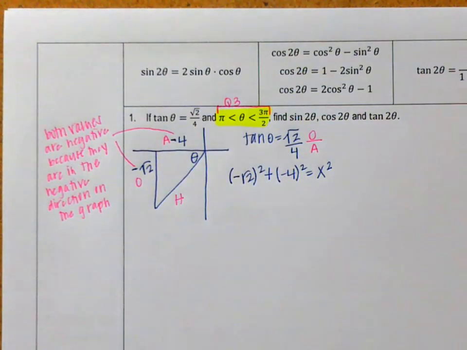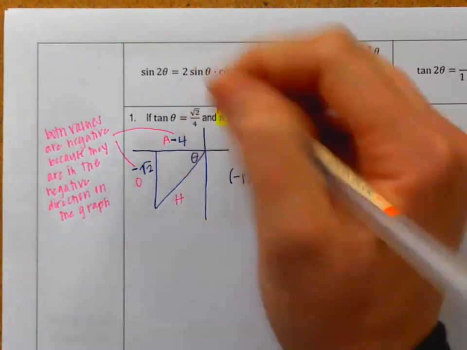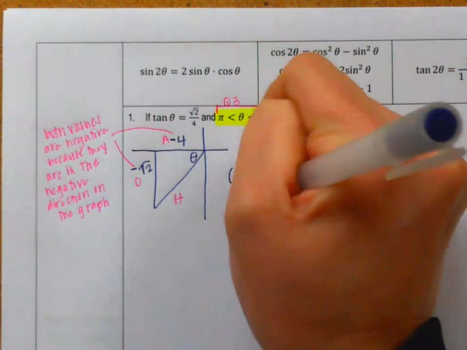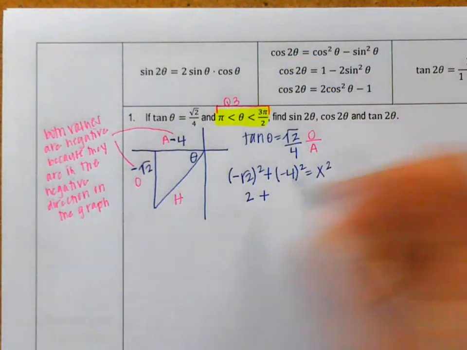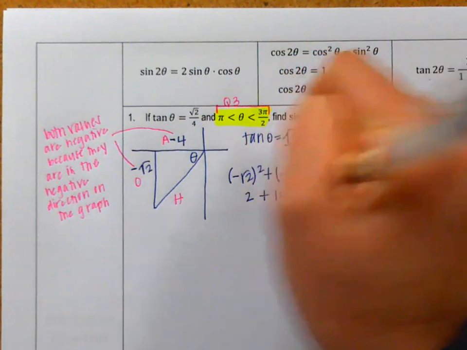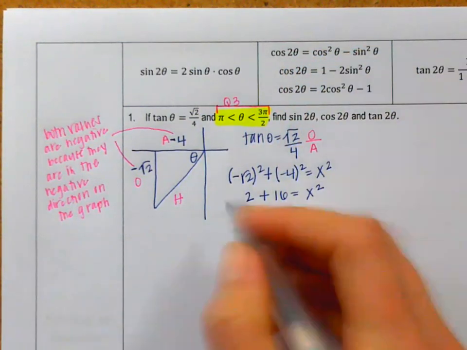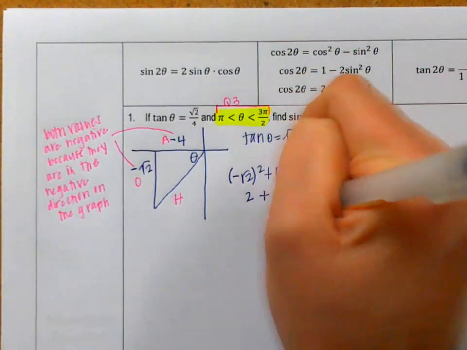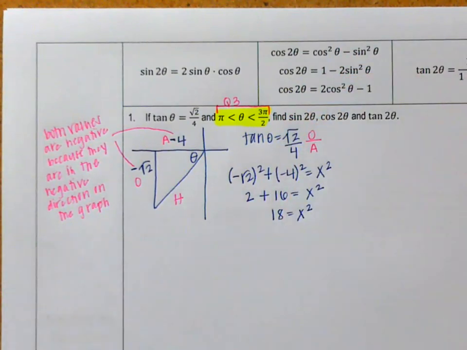It makes it positive. And then when I square the square root, that goes away, and I'm just left with a regular 2. And negative 4 squared is 16. And then I get 2 plus 16, so I get 18 equals x squared.